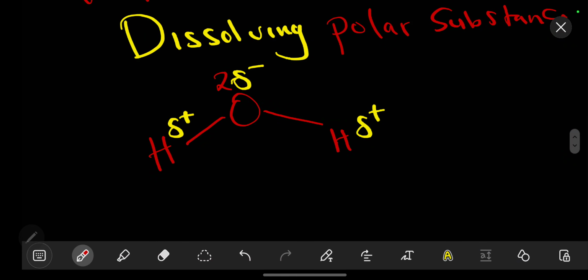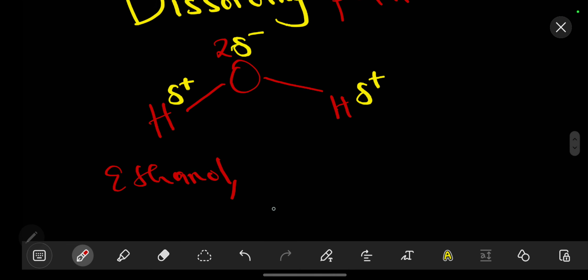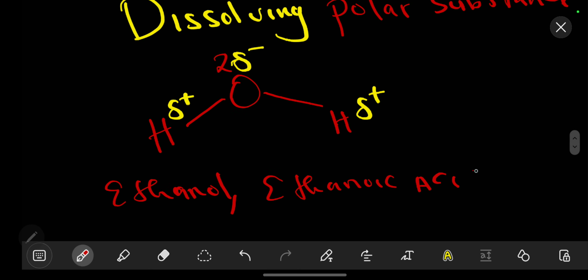The example that we might have is ethanol, which is alcohol. We might also look at ethanoic acid. If you recall, the formula is this for ethanoic acid.